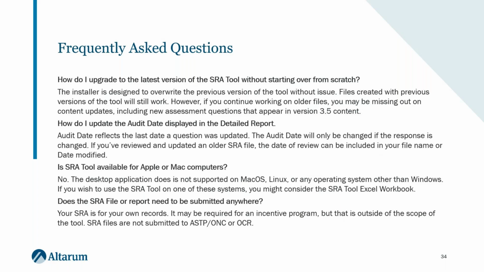Otherwise, the other way to update the audit date would be to start from scratch, start new, or you can toggle some of the questions back and forth from yes to no or whatever it may be. And if you've changed your answer, then that date will also update.